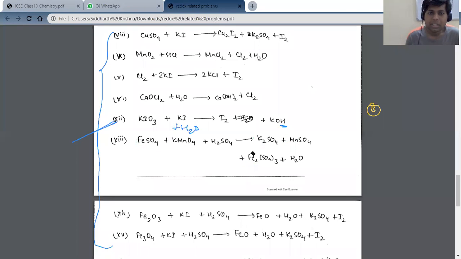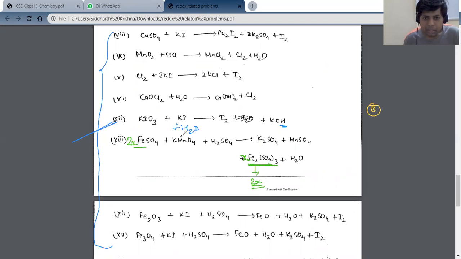You can start from anywhere. So I'm starting from this compound. Let us say this is having a coefficient of x. As soon as you make this x, iron is 2x this side, and the only source of iron is this compound on the LHS, so this should have a coefficient of 2x.